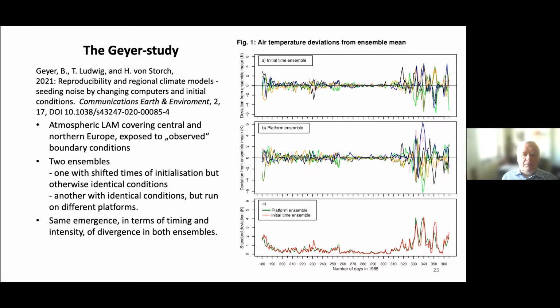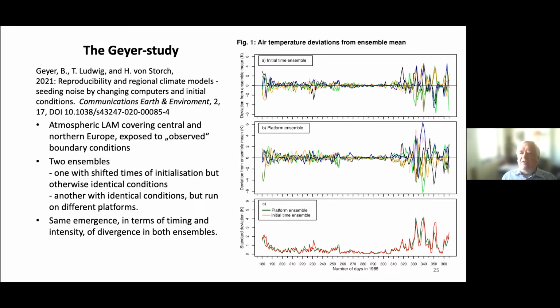The two ensembles were generated in this way: one operated with shifted times of initialization, but otherwise identical conditions. So let's say one started on the 1st of August and the next on the 1st of October. And the second ensemble was run with a set of identical conditions, but run on different platforms, so on computers at different places.